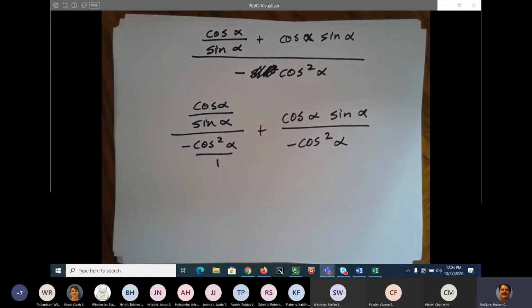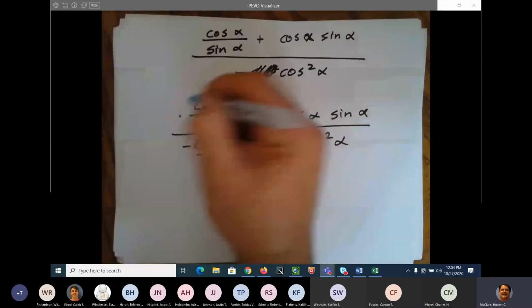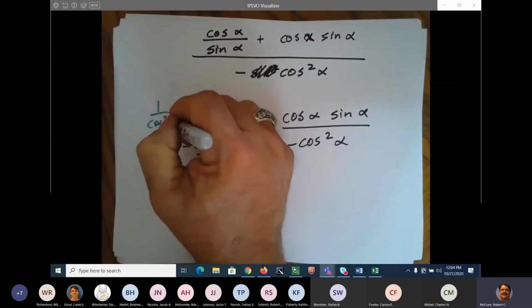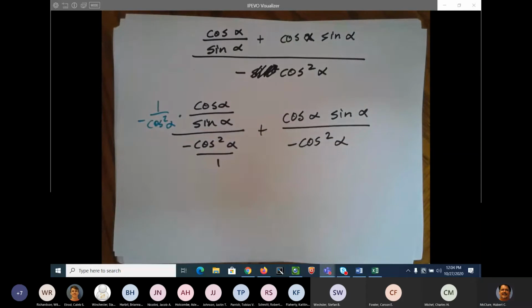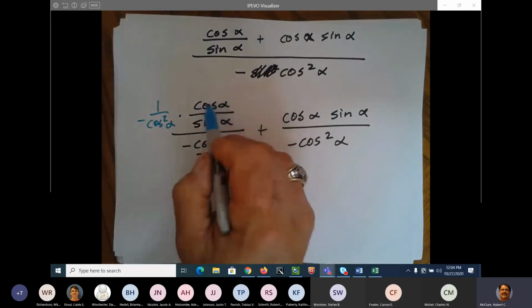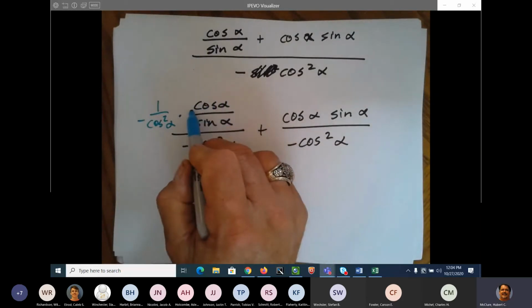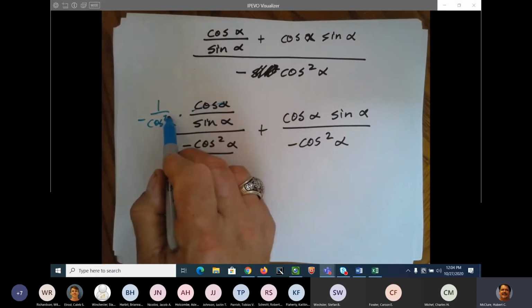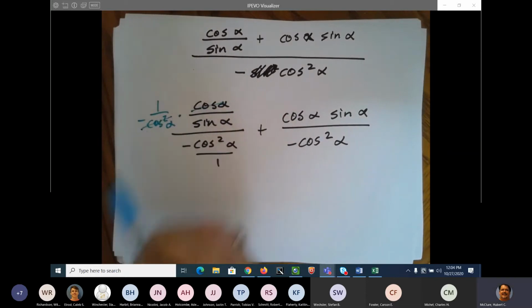Now, when you divide by a fraction, you multiply by the what? Reciprocal. By the reciprocal. So that's going to be 1 over cosine squared alpha. And the cosine is going to cancel this with this. And that's going to give me negative 1 over sine cosine.